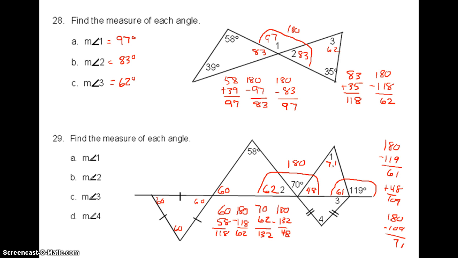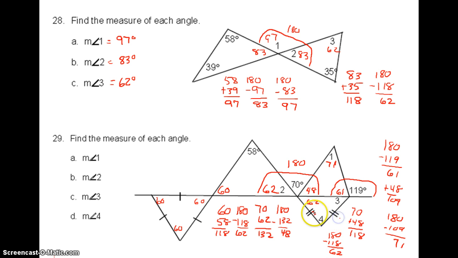Now I've got 71, 61, 48. Okay, I've got a straight line right here, and I've got 70 plus 48 already, so if I add 70 plus 48, that gives me 118, and if I subtract 118 from 180, that gives me 62, so 62 is going to go right here.